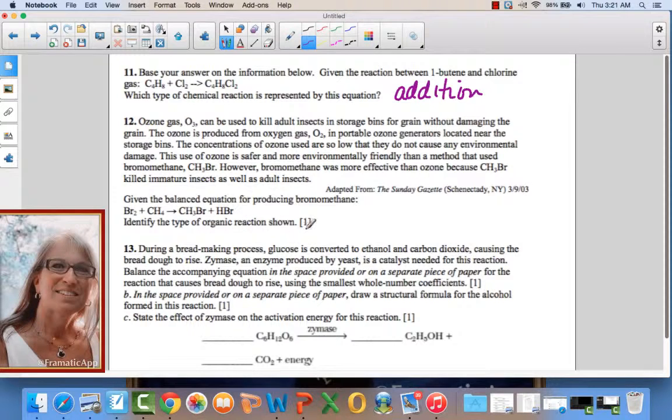Identify the type of organic reaction shown. Br2 plus CH4. I have 2 products. I took off one of the H's because it went from 4 to 3. I added 1 Br, and the other Br hooked up with the H. So I had to give up something to get something. This is substitution.